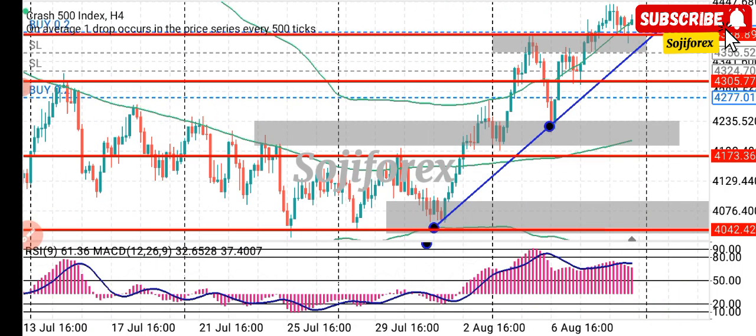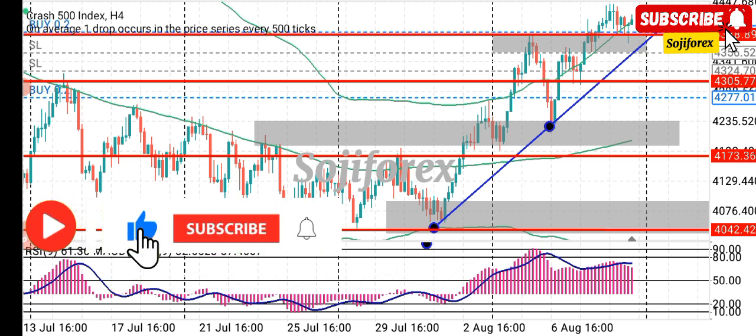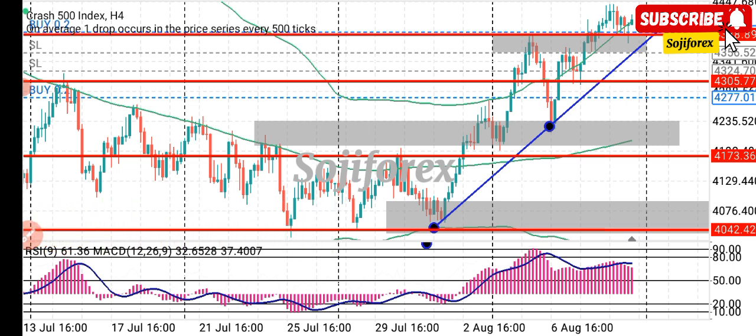So let's continue. I've established where to buy, and anytime price is not in any of these zones, you stay out. So it simply means that your support and resistance, your trend line that you have marked, will coincide with one of these zones.